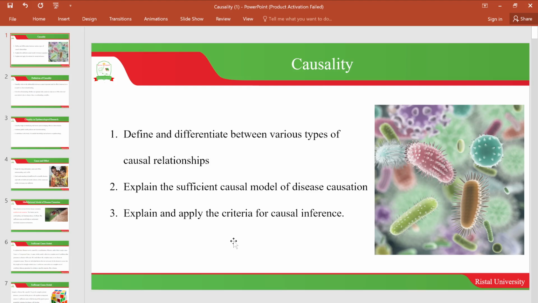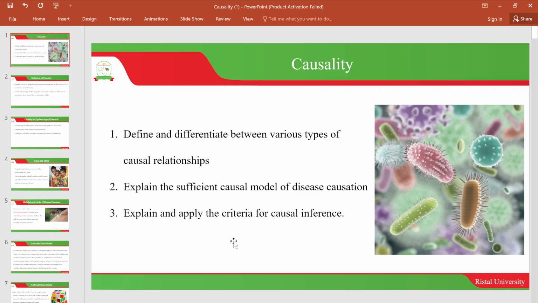How do we make that connection? For us to be able to make that connection, I think it is very important that we focus on one of those models that we looked at yesterday and remind ourselves of what is entailed in that model. And that model is basically the sufficient causal model of disease causation.